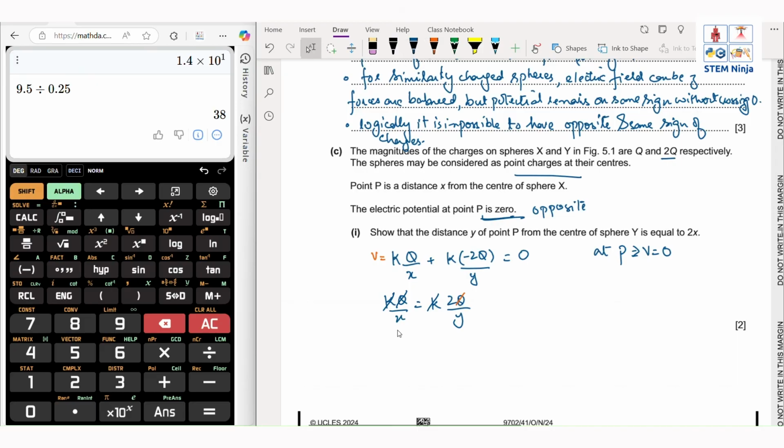So we get y equals 2x, where y is the distance from sphere capital Y to P.